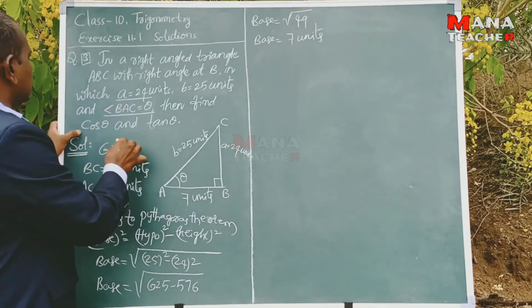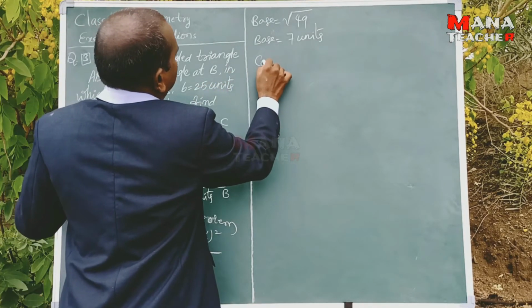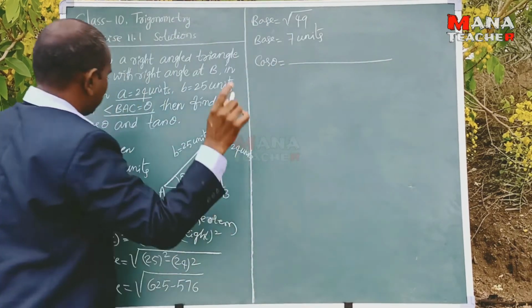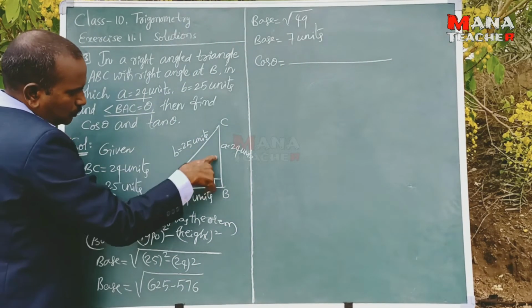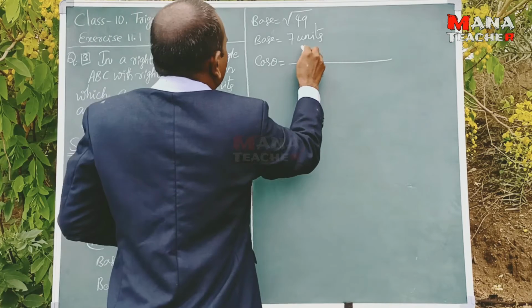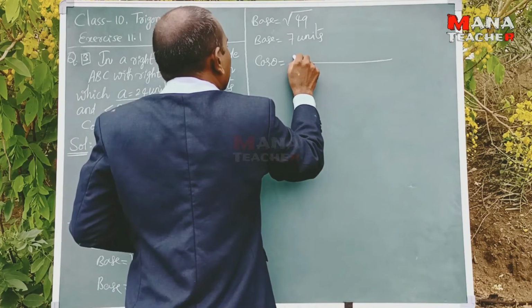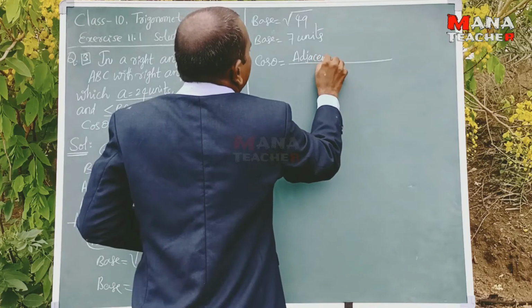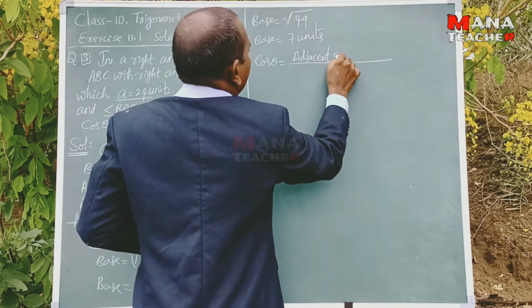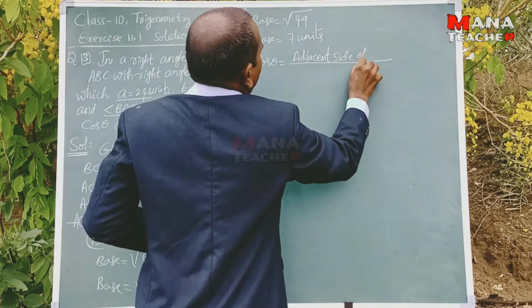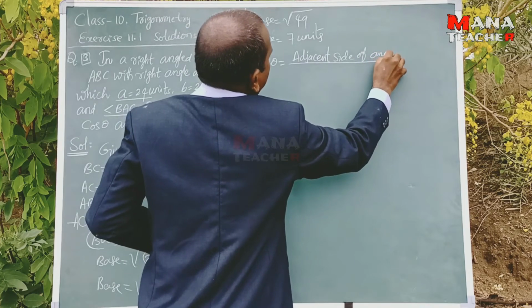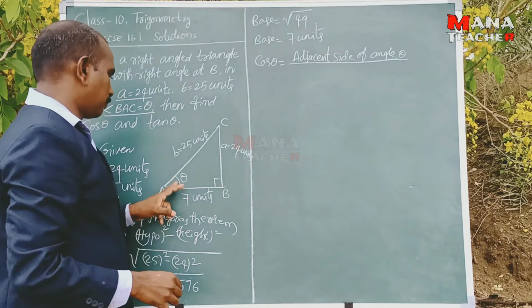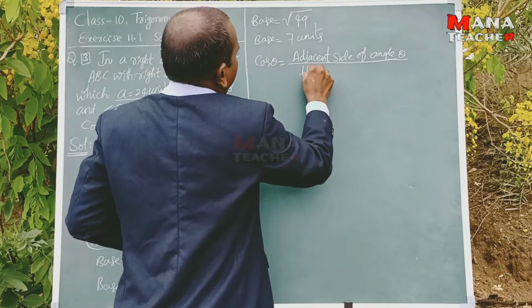Now, cos theta equals adjacent side of angle theta by hypotenuse.